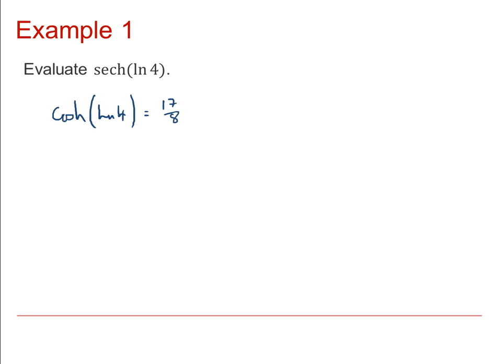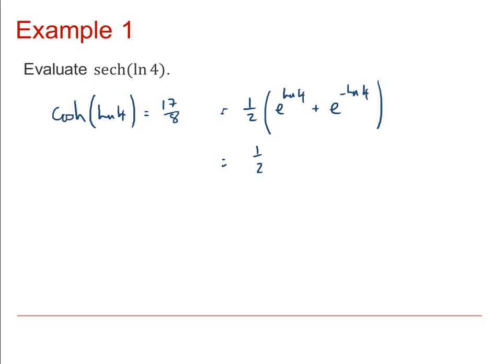The alternative to that is to say that it's equal to 1/2, and then using the definition of cosh, so 1/2 e to the x, which is e to the log 4, plus e to the negative natural log 4. So 1/2 e to the x plus e to the minus x, and that is equal to 1/2.